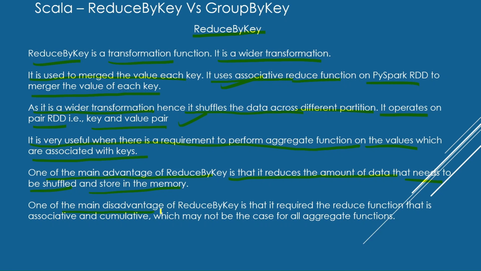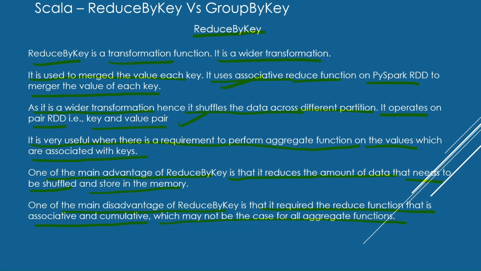One of the main disadvantages of reduceByKey is that it requires a reduce function that is associative and commutative, which may not be the case for all aggregate functions. So till now, what we have understood is that if you want to do any kind of aggregation function over all the values of the key, reduceByKey will play a very important role by achieving that in an associative and commutative way.